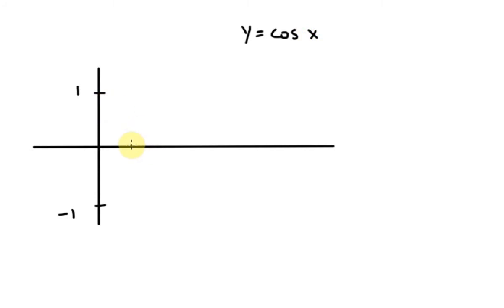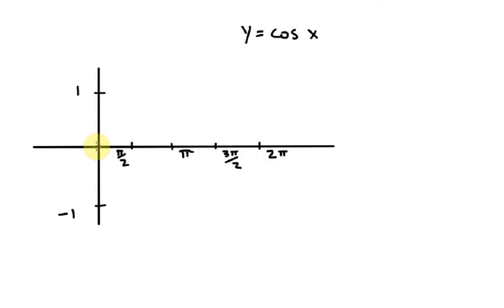Actually, let's even mark these key x values along here. So this is pi, and this is 2 pi, and then this is half of pi, and this is 1.5 pi's. All right, so those are my key x points.